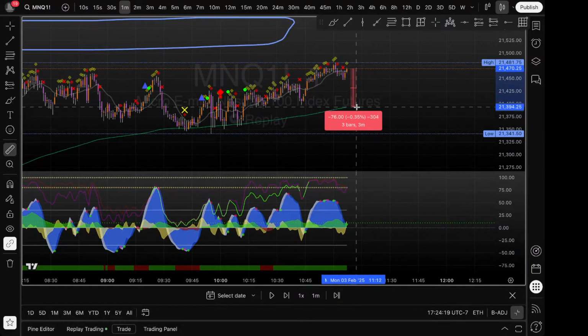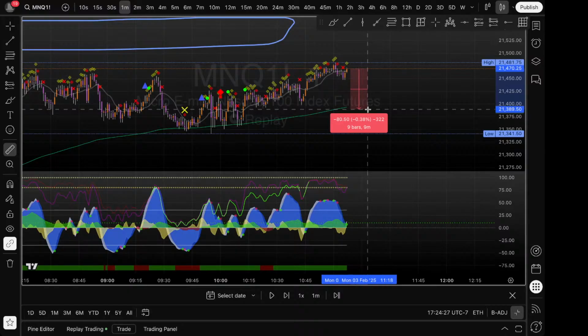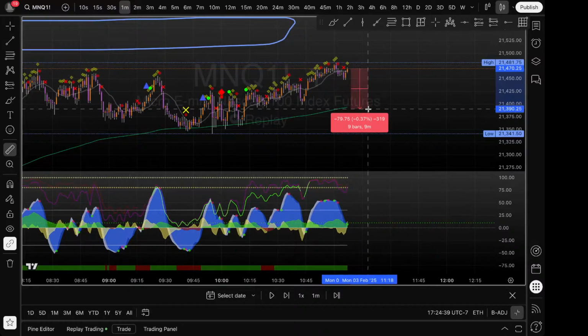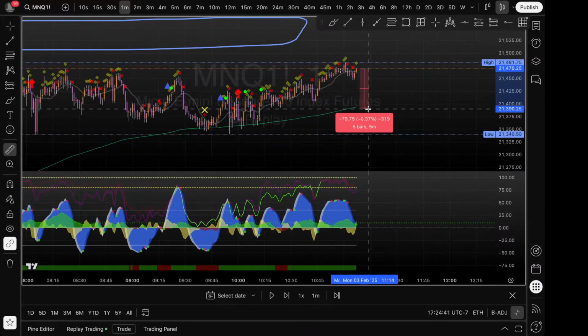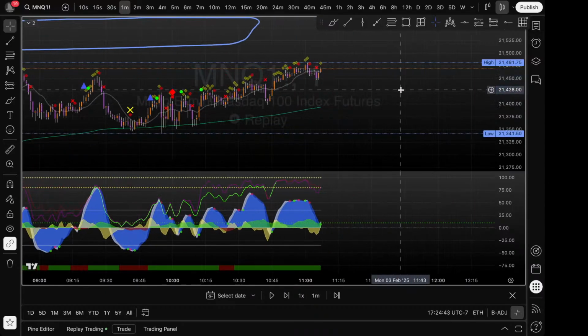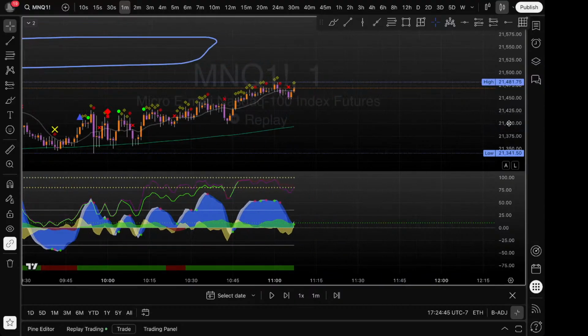So instead of a 25-point stop loss, or even a 40-point stop loss, which is our max, that was the $1,600 risk limit that I like to trade, we can go from 40 to 80, like down here, and that gives price action a lot more room to play out in our favor.